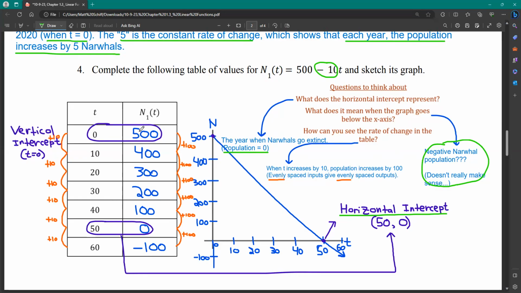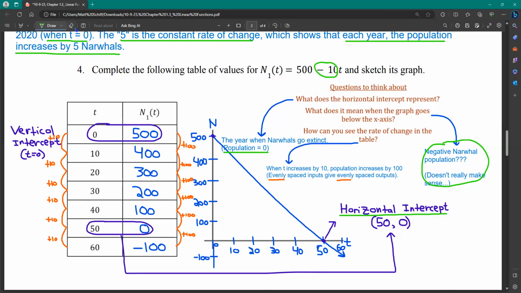And then we're given a table of values. So how can we see from the table that this is a linear function? Like if we don't have the graph, how do we know if it's linear? So notice that the inputs, or the t-values, are always increasing by the same number, 10. So they're evenly spaced. For evenly spaced inputs, or t-values, notice that we have evenly spaced outputs. And I don't know why I wrote plus 100, that should be minus.